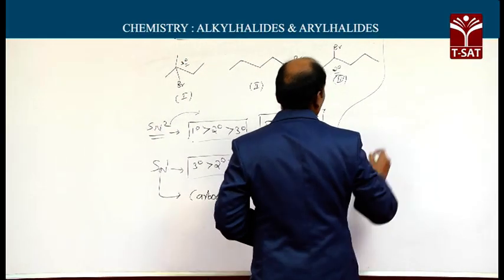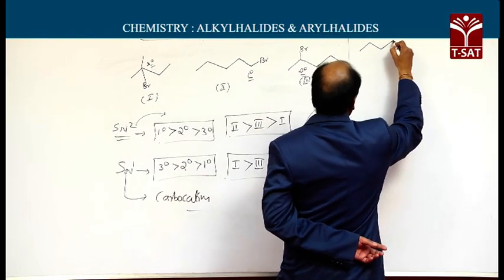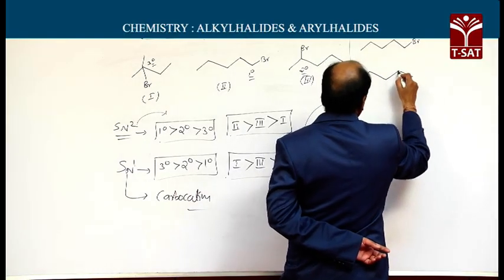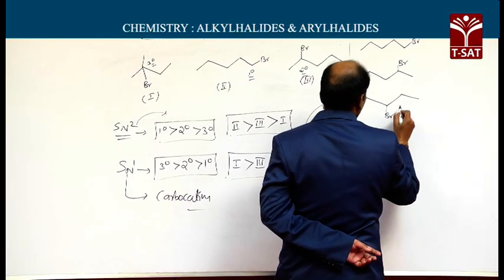Let us take one more example. Suppose you take pentane derivatives, 1, 2, 3, 4, 5. This is 1-bromopentane, here it is 2-bromopentane, and here it is 3-bromopentane.